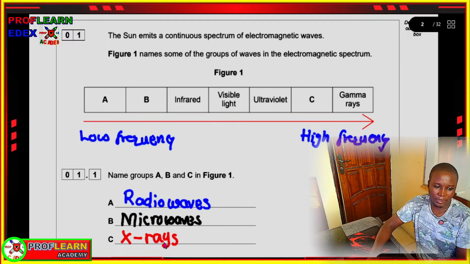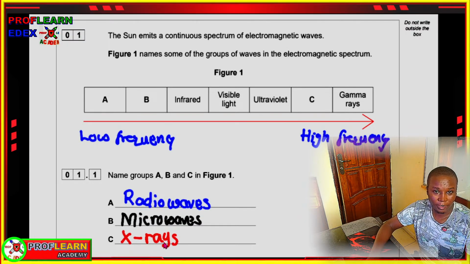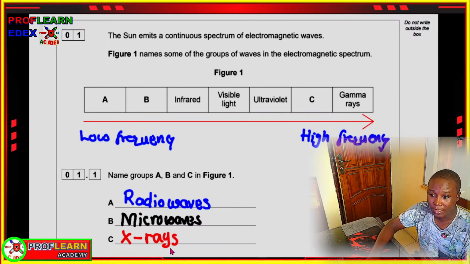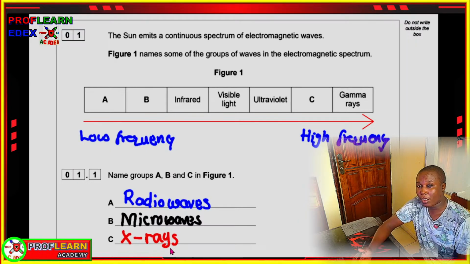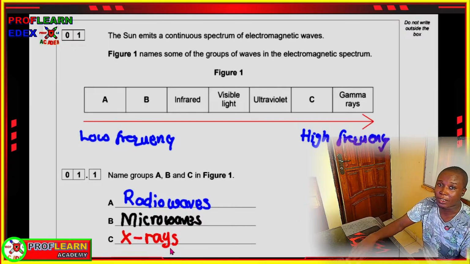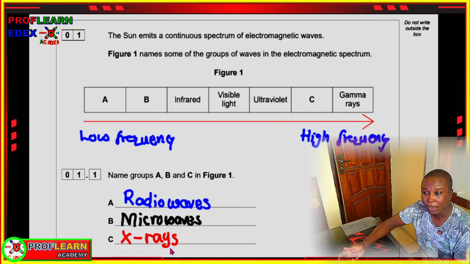So under this area, as you are preparing for your paper for AQA Physics Paper 2, what I want you to remember is that you must understand the order of these waves, so that at least when one is missing, you can be able to tell.